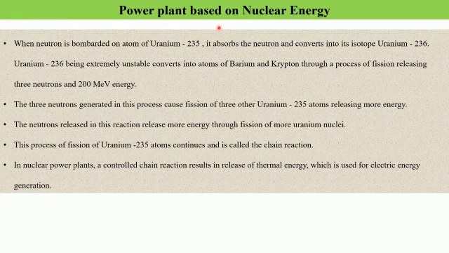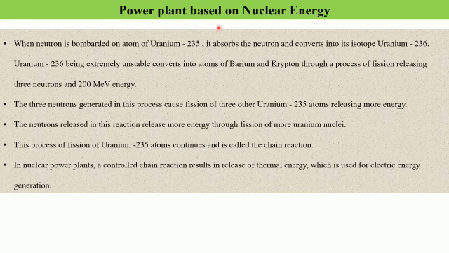Let us now try to understand the process that takes place in the production of electrical energy using nuclear energy. We have already said that we make use of the fuel, that is uranium and plutonium, that are radioactive substances.